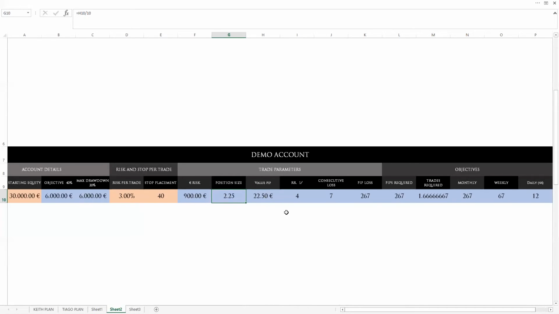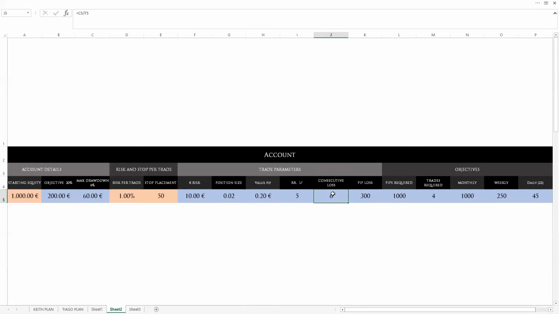Value per pip, $22.50. Risk reward here, I usually take partials and move stop, but say I can get 1 to 5. This means to get this drawdown, I may lose 6 trades in it.